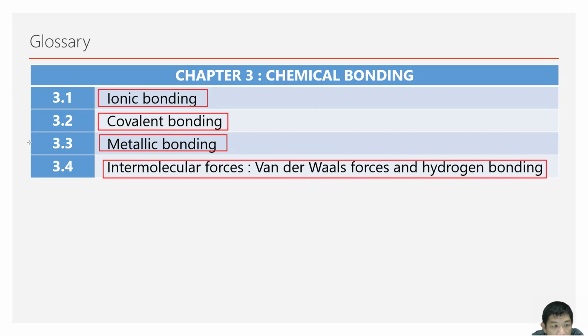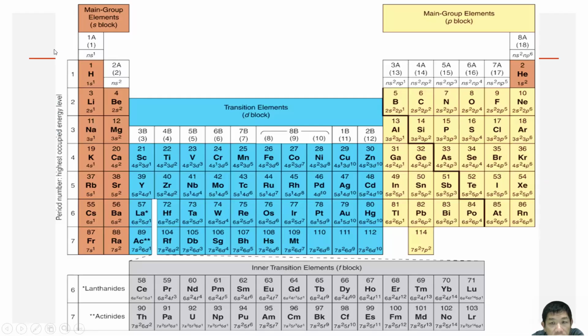All right, so let's have a look at the periodic table in here. Why is it important for you to have a look at this periodic table? Because the upcoming bonding that we are about to learn has to do with how we classify the elements according to their metallic properties. Okay, so the ones that I'm about to highlight are all metals.